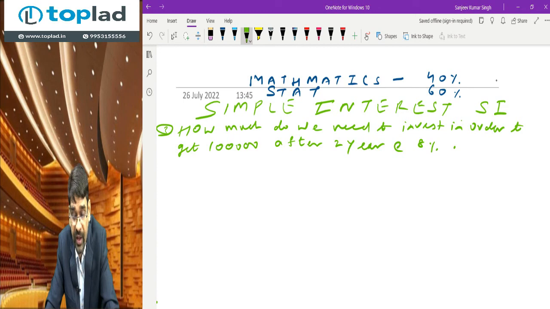Your first requirement is to understand the question. Without understanding the question, you can't do it. Ultimately, what is the requirement of the question? How much do we need to invest in order to get 1 lakh after 2 years at the rate of 8%?